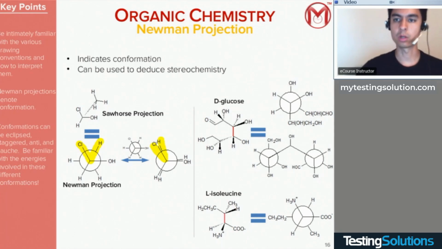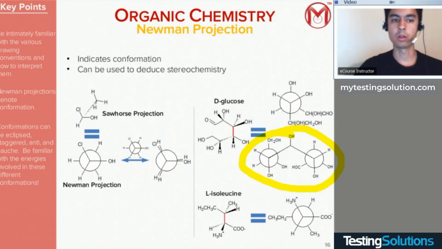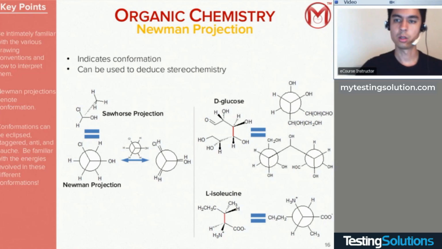So some conformations are more favorable than others. We'll talk more about that when we get to steric strain. You can see how Newman projections get really unwieldy really fast, and they're not really that helpful when the molecule gets incredibly complex. So we'll generally see these for smaller molecules when we just want to understand a particular bond at a time.